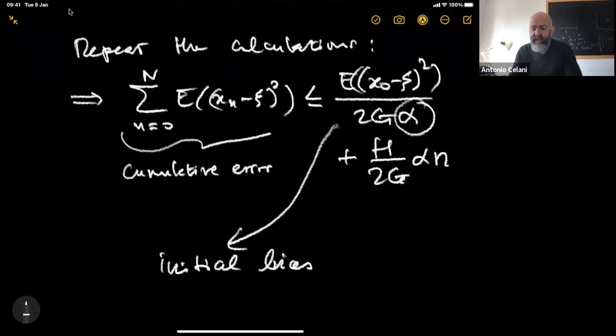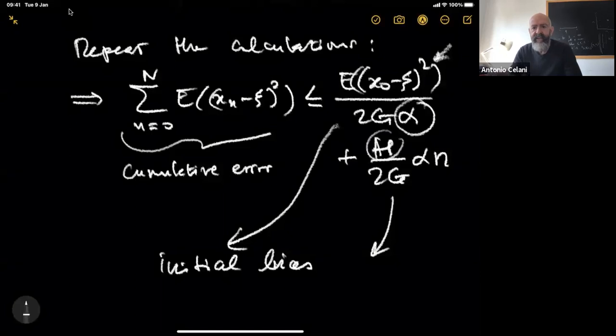But in order to make this first term small, you would like to have a good guess, which makes the numerator small, and a large alpha, a large learning step, because this will make you run closer to the zero faster.